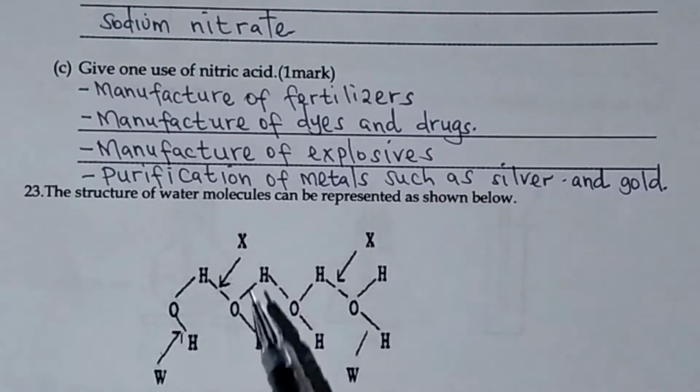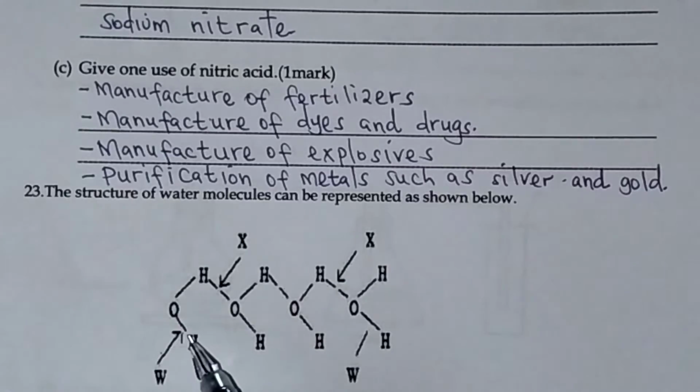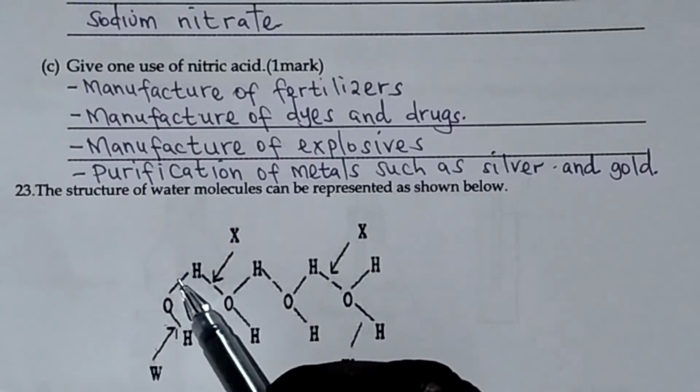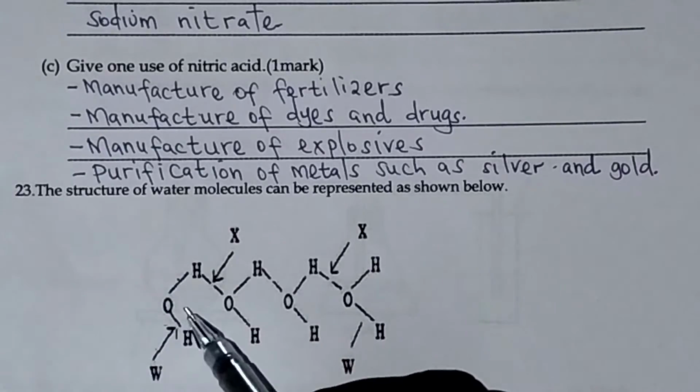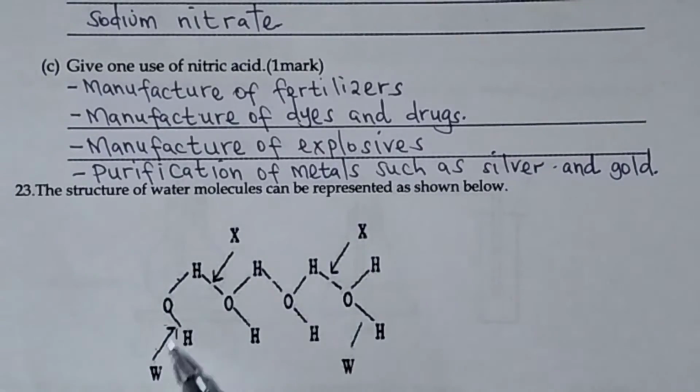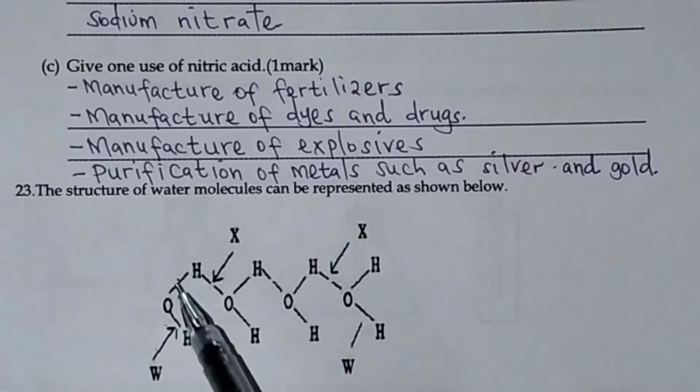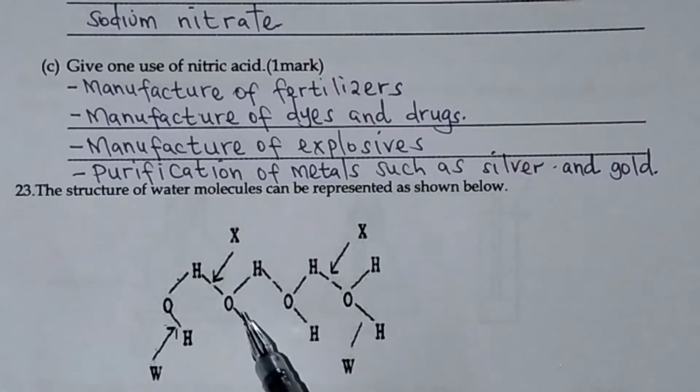Oxygen and hydrogen are held together by this bond W, and this is another bond. So the atoms of water are held together by strong covalent bonds. But the molecules of water themselves are held together by hydrogen bond, not van der Waals force.